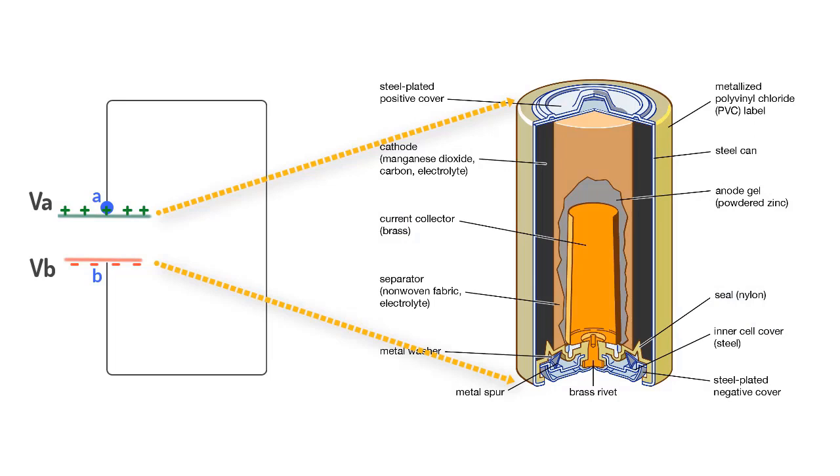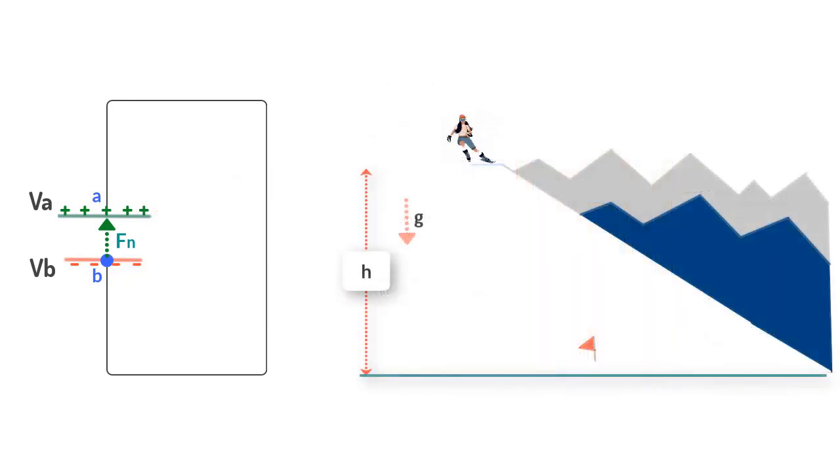So let us go ahead and denote this force as Fn. So you see this force Fn is carrying the positive charge from here to here, thus creating a positive potential here and a negative here. In a way, the force is helping maintain the potential difference VA minus VB that would have otherwise become 0.